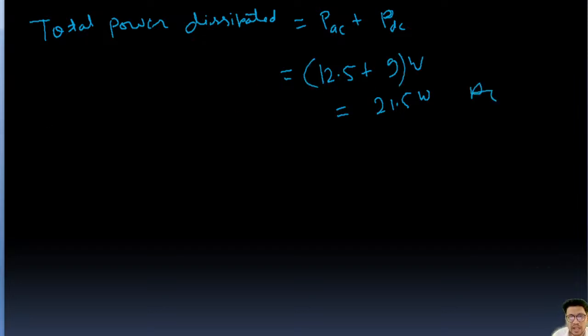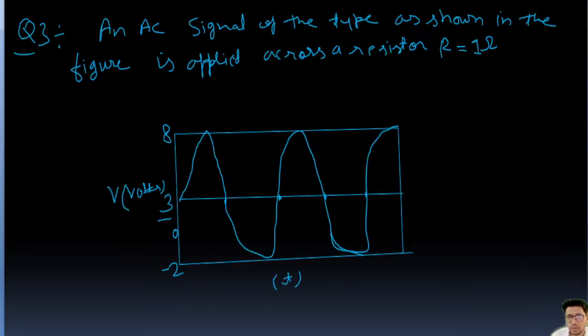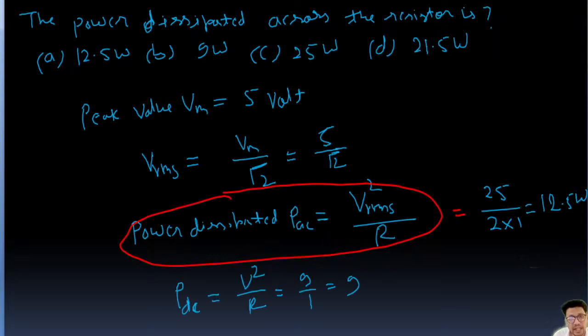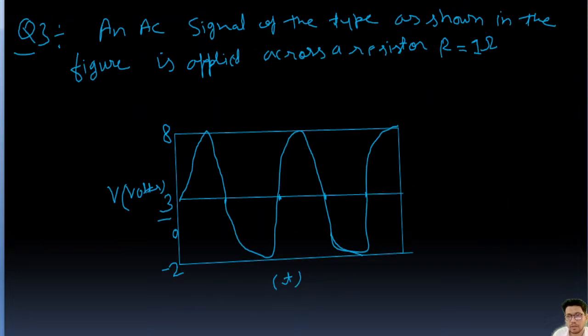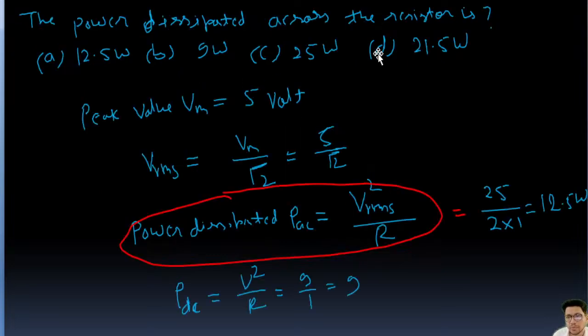If you get this type of question, you need to first calculate PAC and then PDC, then get the total power dissipated, and that would be your answer. Which option is matching? Option D is matching. So this is the correct answer.